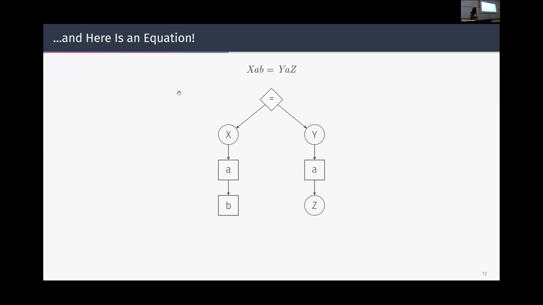So we choose to represent the equation like that, with the equal symbol at the root node, and then both sides of the equation on the side. We also add some structural information with additional nodes, such that each variable points to the variable, and each letter points to the letter. And this is what we gave to the GNN.